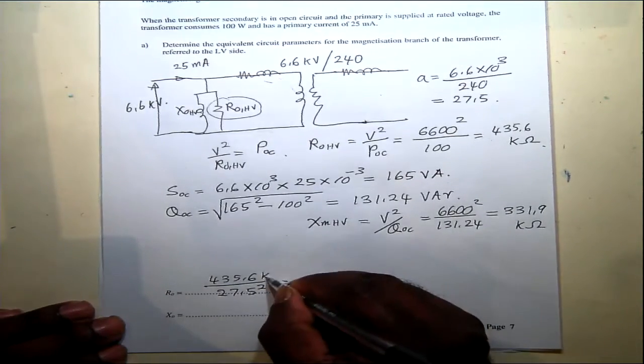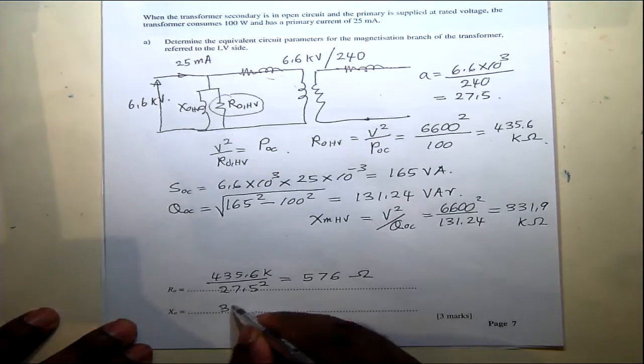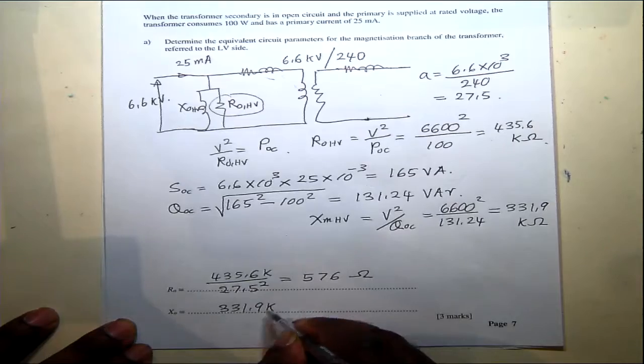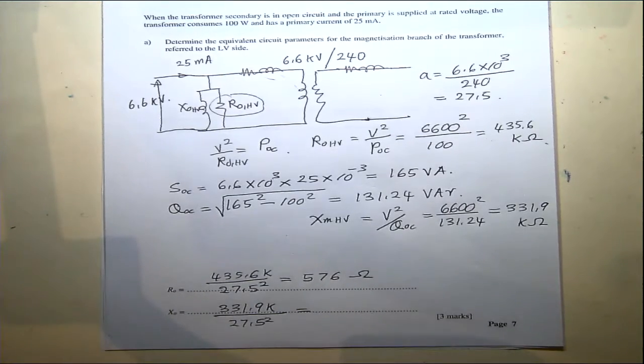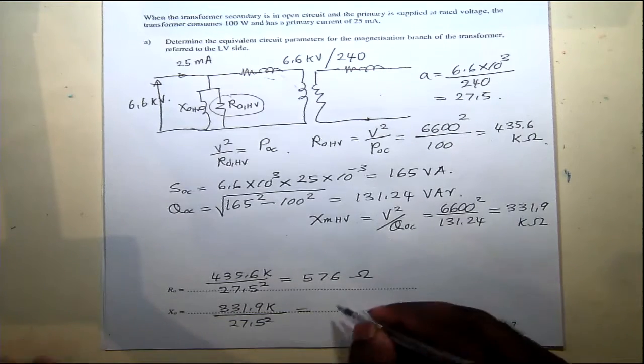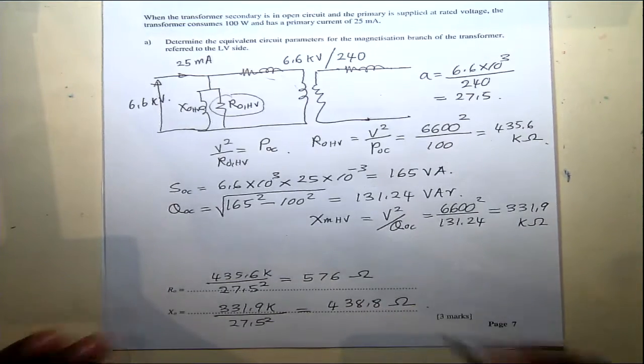So this is a kilo ohm quantity. And then here you have 331.9 kilo ohm divided by 27.5 squared, which is 438.8 ohm.